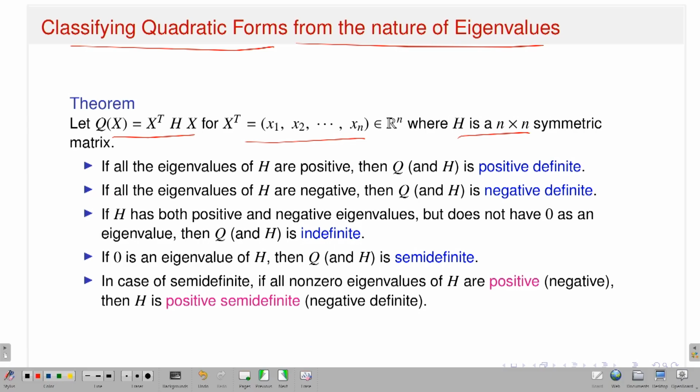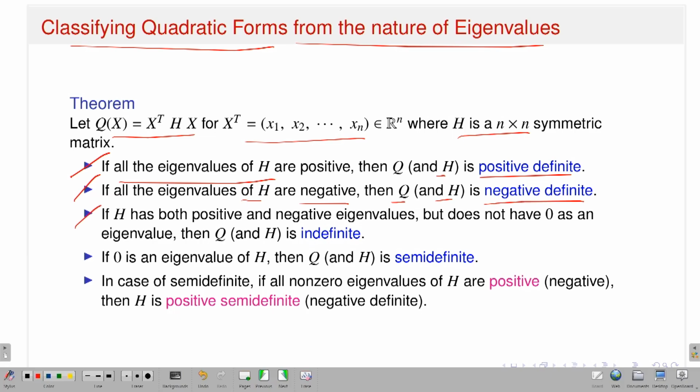then what about the classification of the quadratic form in terms of eigenvalues? First, if all the eigenvalues of H are positive, then the corresponding quadratic form or symmetric matrix is positive definite. Positive means strictly positive. If all the eigenvalues of H are negative, then it is negative definite.